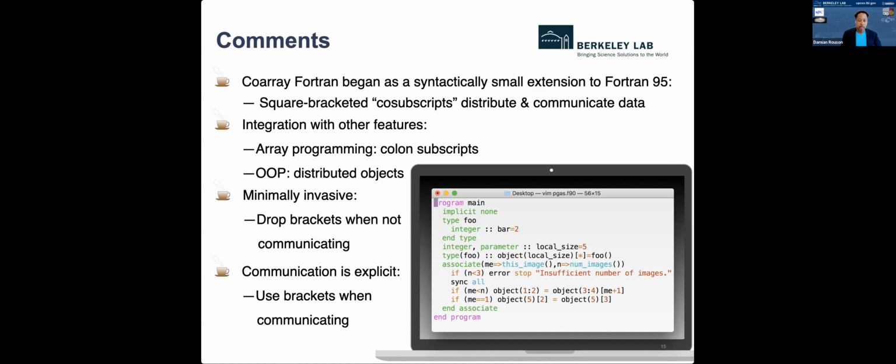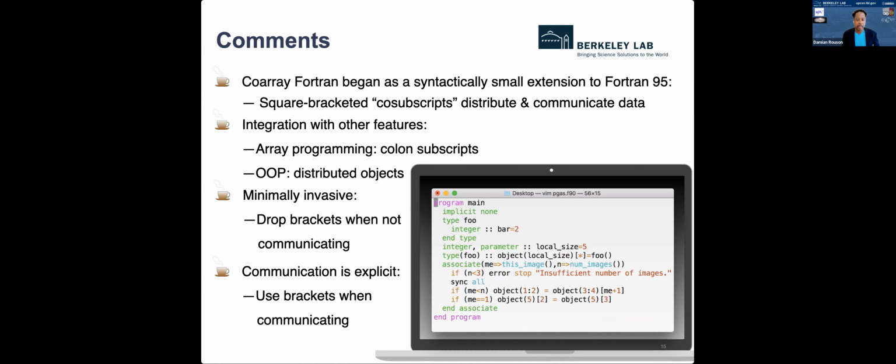And this feature set is minimally invasive. That same line that says if me is less than n, on the left side, I drop the square brackets because I know that I just want to assign to local data. And this is especially important if you ever have the experience of parallelizing a legacy Fortran code, a serial code. When you know you want to distribute data, you change your declaration.